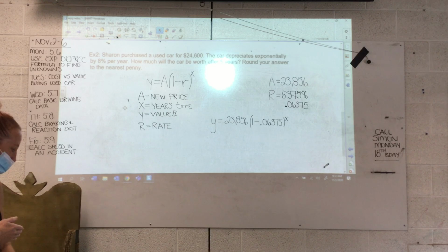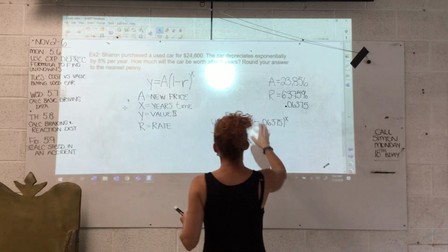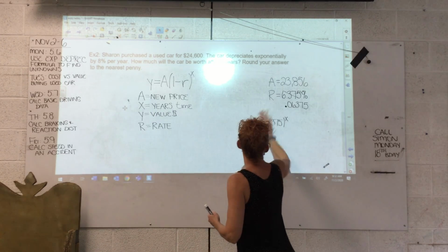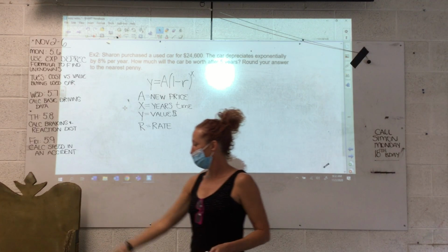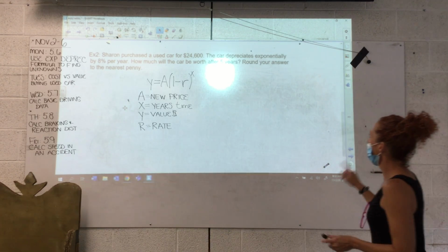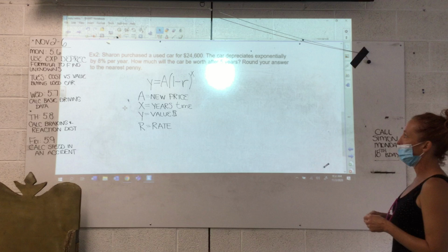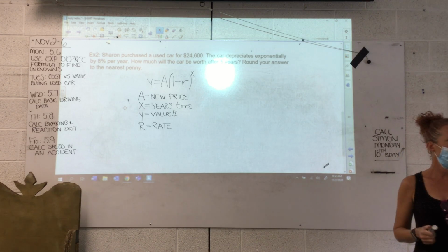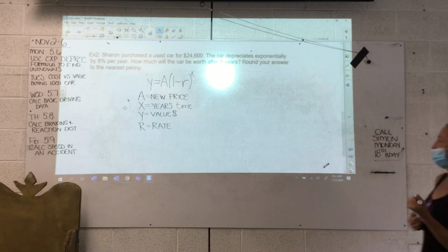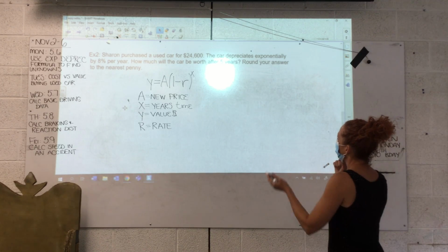So example 2. Sharon purchased a used car for $24,600. The car depreciates exponentially by 8% per year. How much will the car be worth after 5 years? So now we're going to use it to actually solve. What do we know?